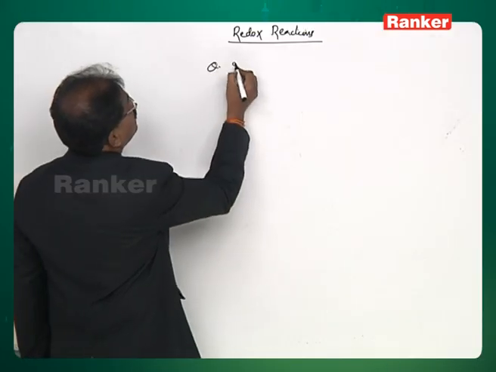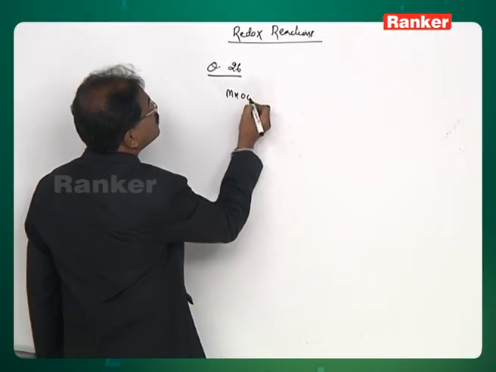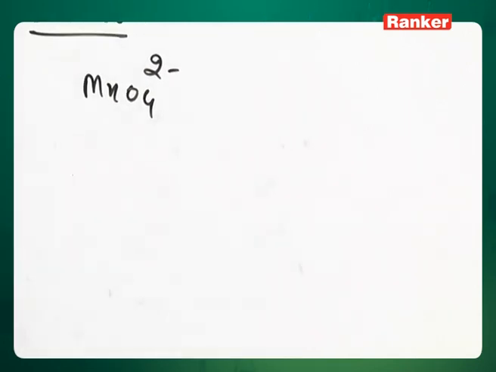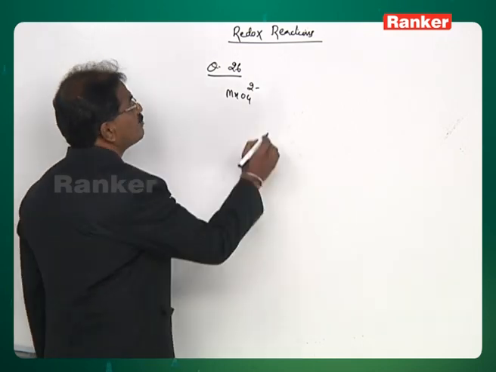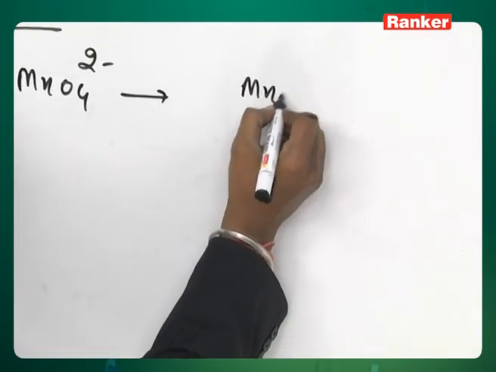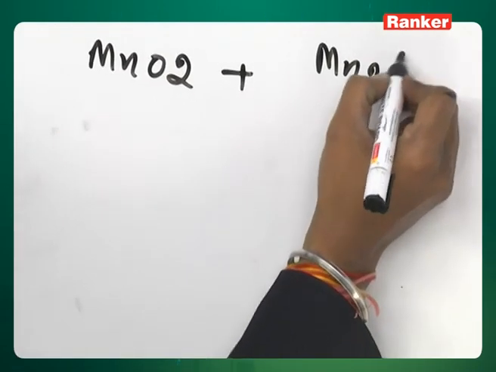Next question number 26. In this problem they have given the MnO4 2 minus. This MnO4 2 minus, it is undergoing disproportionation. So when it undergoes disproportionation, the products were shown as MnO2 and Mn2O7.